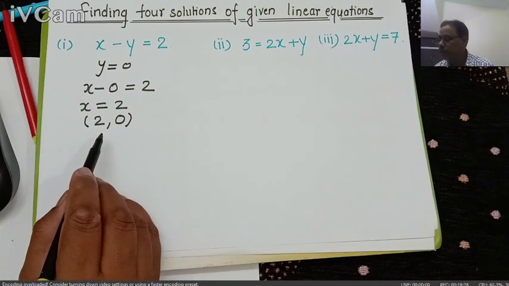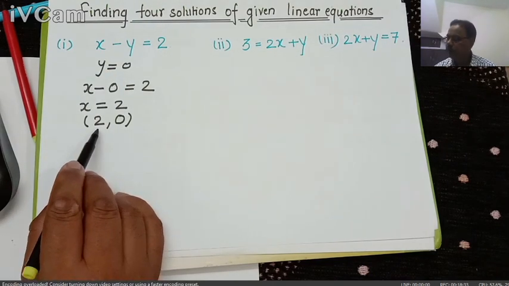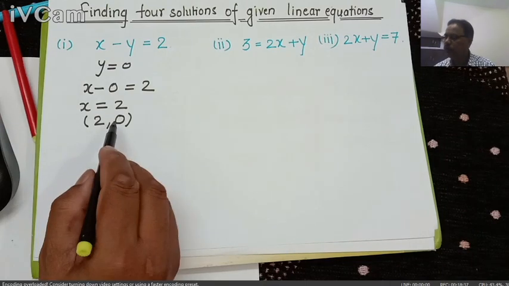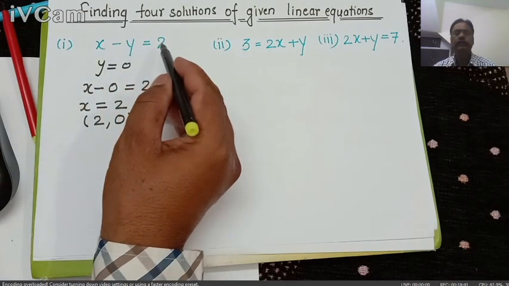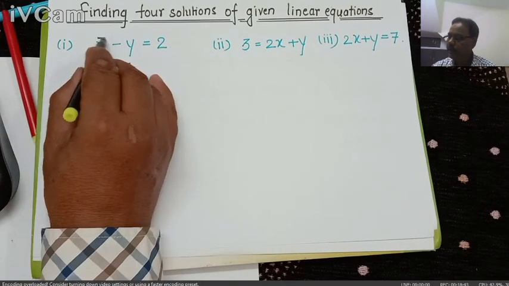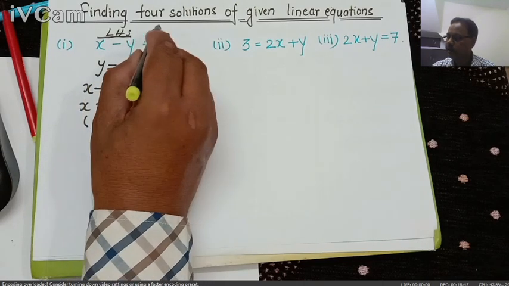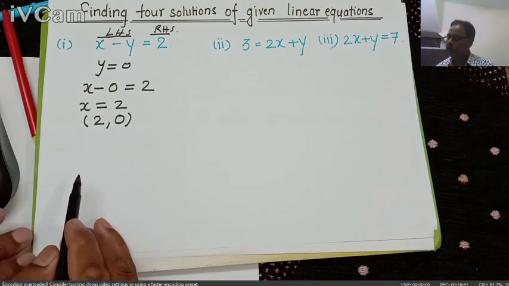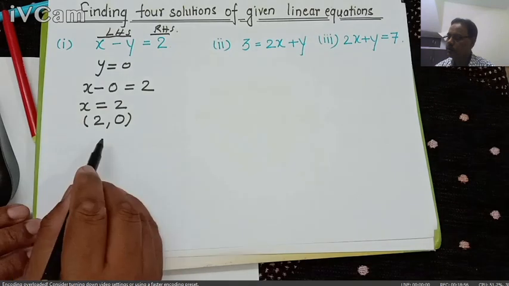This is the solution of this equation, means if we put 2 in place of x and 0 in place of y, we will get left hand side equal to right hand side. This is left hand side and this is right hand side. Understand? So now the next solution we are going to find out. y equal to 0 we have put here.